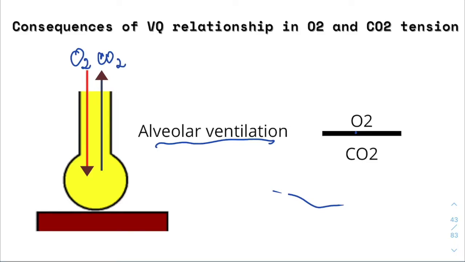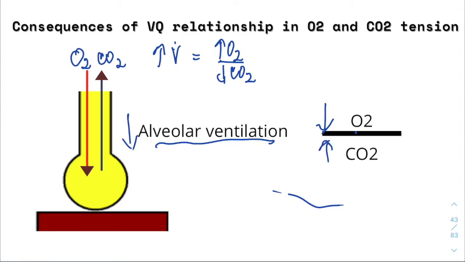So when you increase your alveolar ventilation, you increase your oxygen tension, you decrease your CO2 tension. However, in patients with VQ mismatching, when there is a problem with your alveolar ventilation, there would be a low oxygen tension and a high CO2 tension.